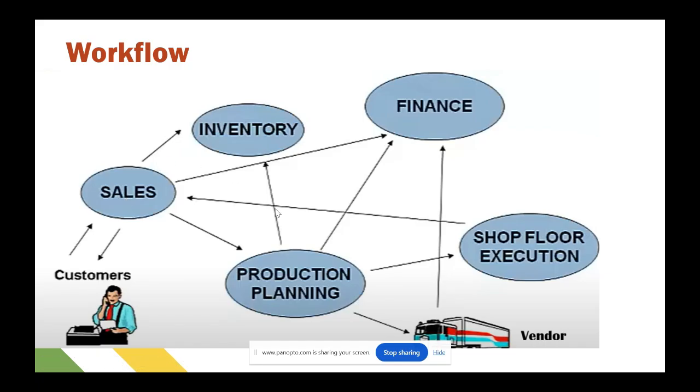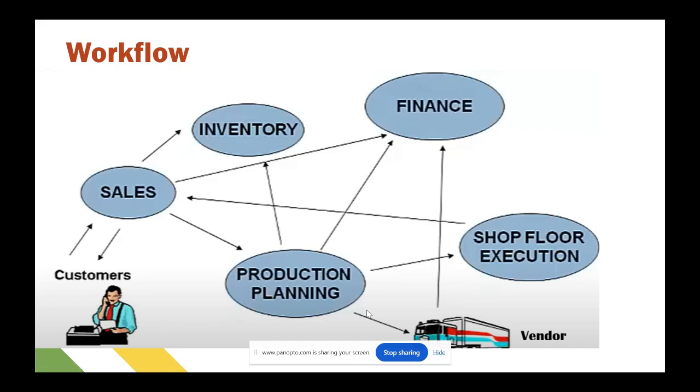available, it will connect with production planning that this is the requirement and we have to produce these many products. In production planning, we'll check with the inventory and the finance for the available inventory and the finance requirement, and it will connect with the vendors for the various parts of the product.